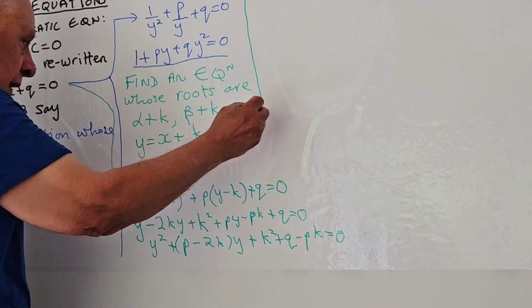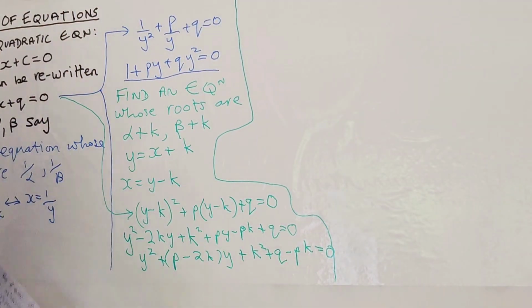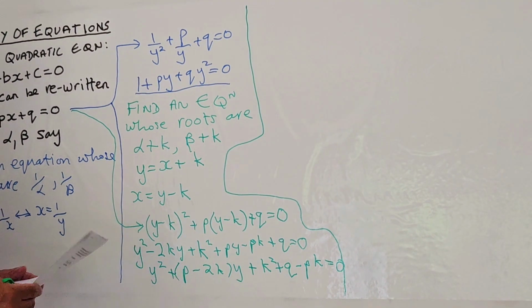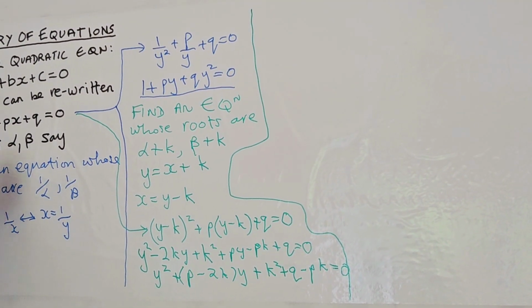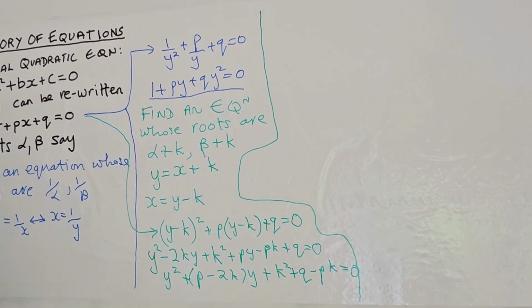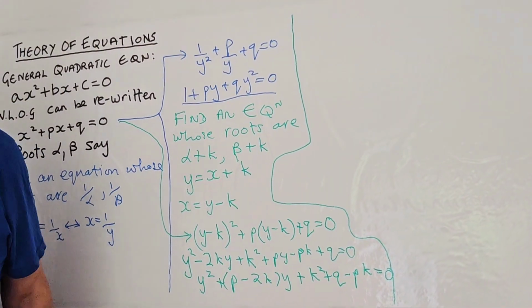So we can move on to the next stage, and that is to find an equation whose roots are multiples of these. Okay, so to find an equation, let's change the color again.